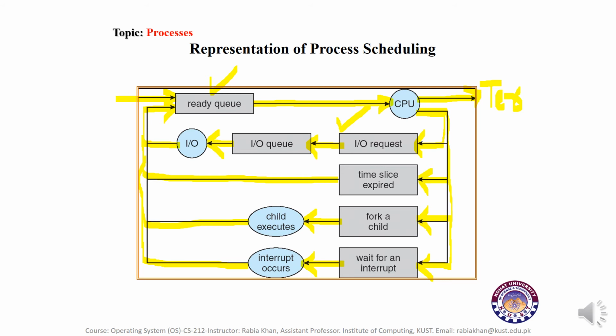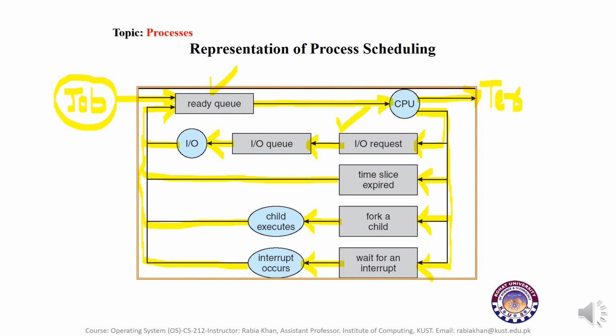Okay, now here it comes to the ready queue. It may come to the ready queue from the job queue. You can open some process from your disk. So actually you have opened a process from the job queue, and from the job queue it comes to the tail of the ready queue.